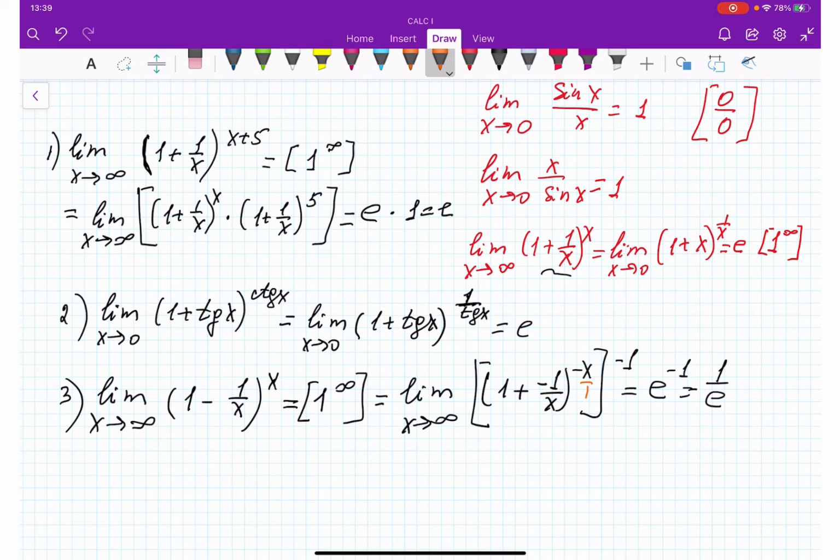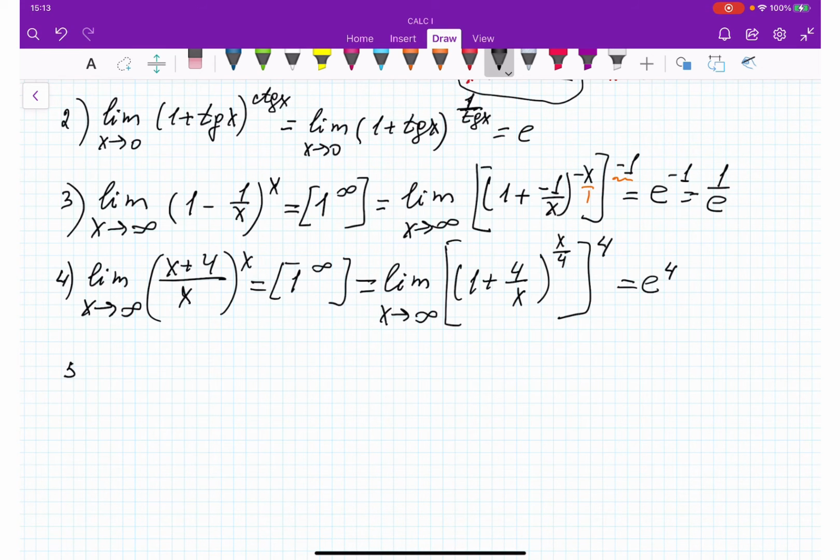If you are wondering why I put negative 1 here, it's because based on our formula, we have to have 1 over x to the power positive x, right? So negative x times negative 1 is going to be positive x. Yes? Okay.